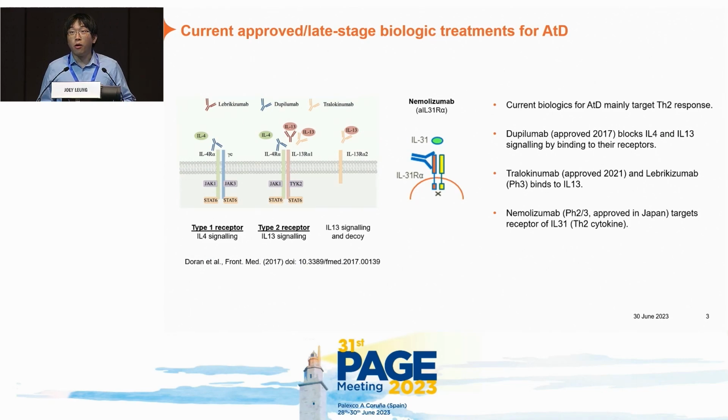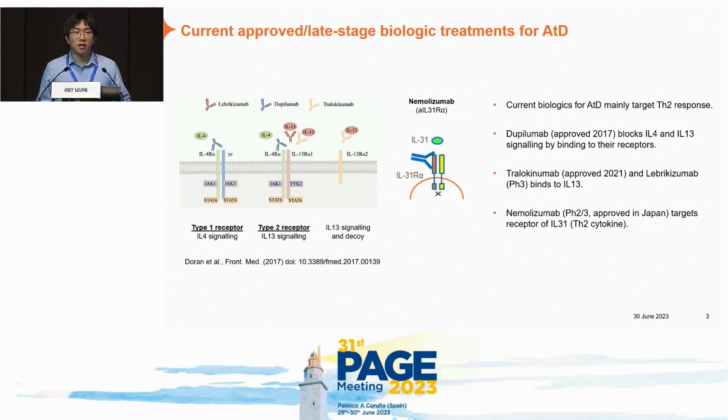So in terms of biologic treatments, the currently approved and late stage biologics focus mostly on Th2 responses. The first one that was approved was dupilumab, and it works by blocking the receptors of IL-4 and IL-13, which are important Th2 cytokines.